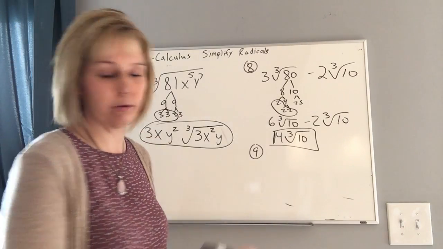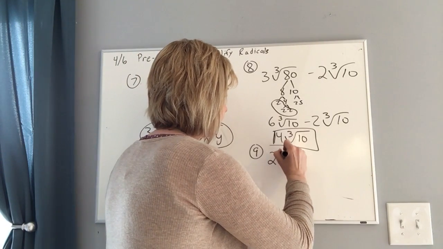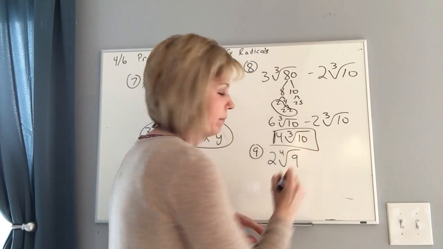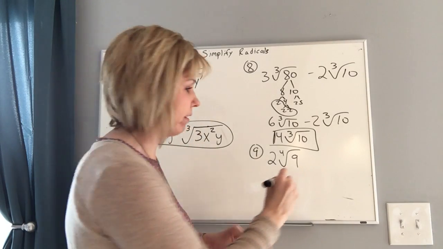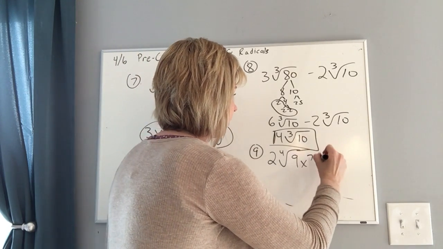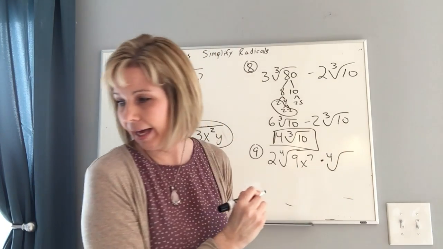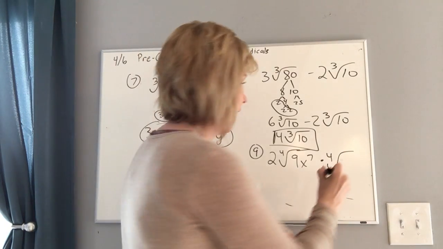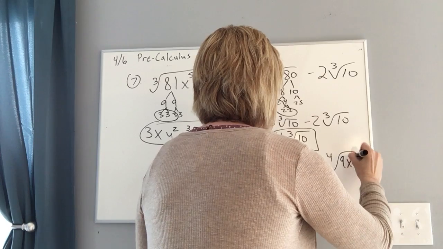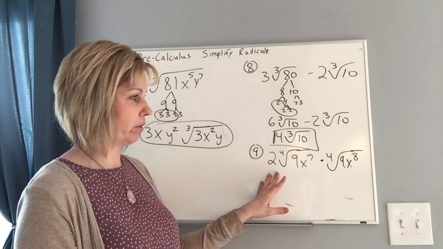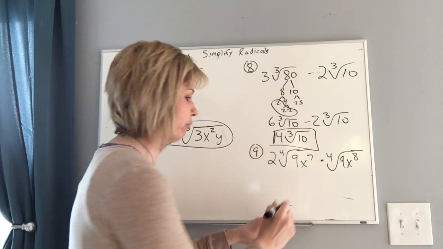We've got 2 times the 4th root of 9x to the 7th, times the 4th root of 9x to the 8th. Okay, so 2 is getting multiplied really just by the 1 in front there.